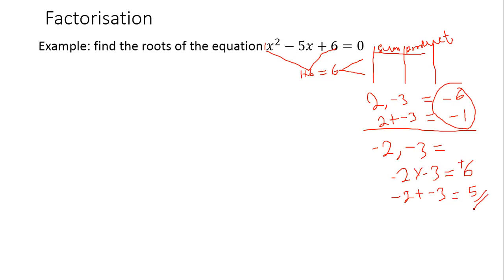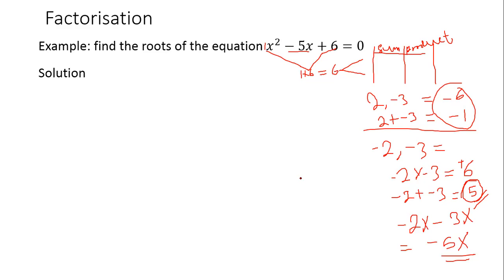Yes. So now what we are going to do, where there is a 5x here, we are going to substitute it with a -2x and a -3x, such that this is equal to -5x. So we shall not have changed any what? Any meaning.